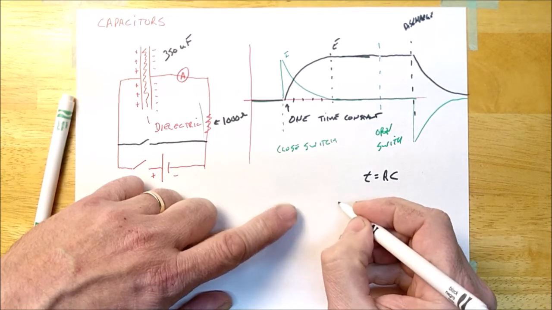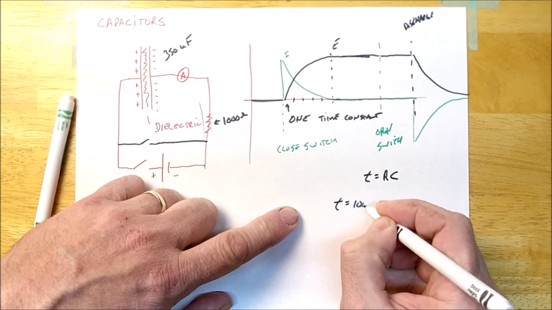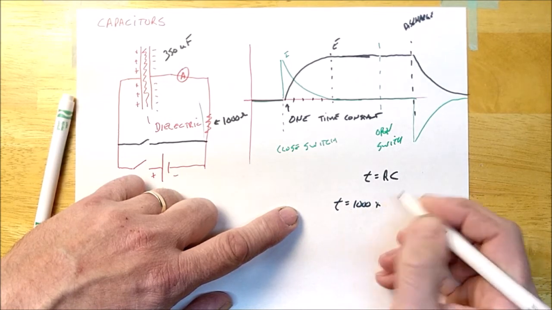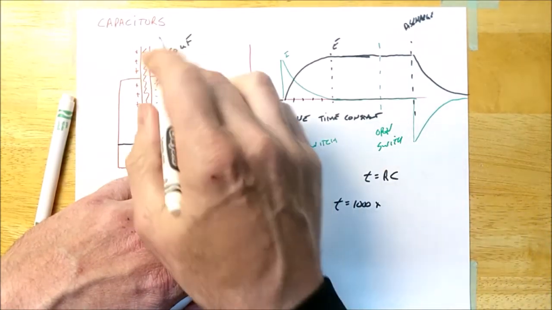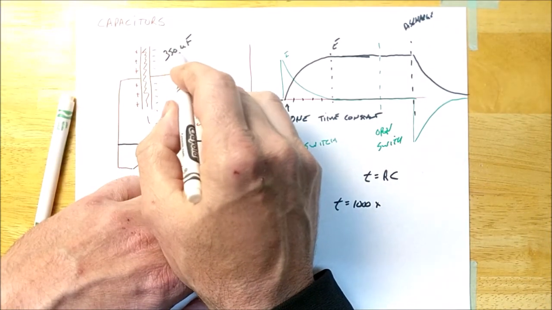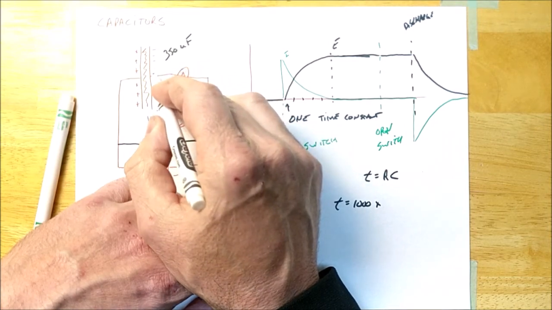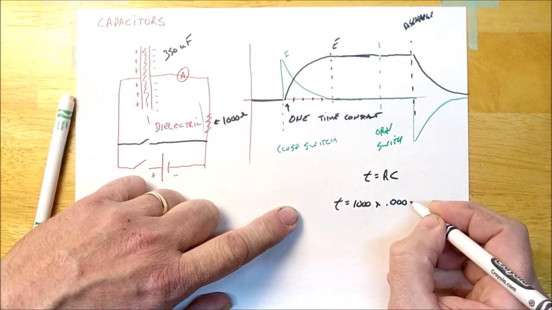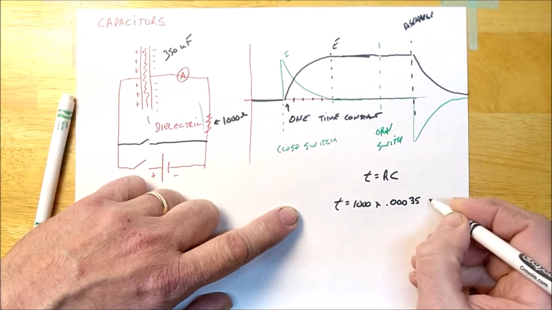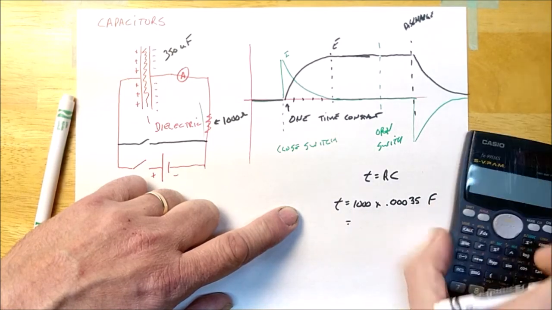And so let's try it. T, one time constant, should be R, 1,000, times C, and the value of the capacitance must be in farads, and since this is 350 microfarads, in order to convert it into farads, I'd have to move the decimal place to the left 6, and so it becomes 0.00035 farads.